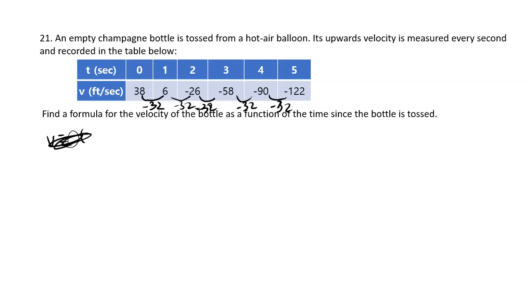Okay, so what does this mean? If you draw the graph starting from 38, then it's going to fall down to 6 and then fall down, and then the values are always the same. That means it's going to be a straight line. In other words, you're being asked for the function v, but function v is a linear function.